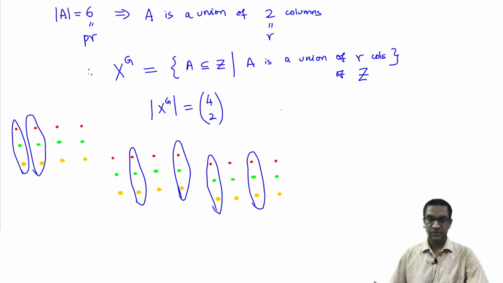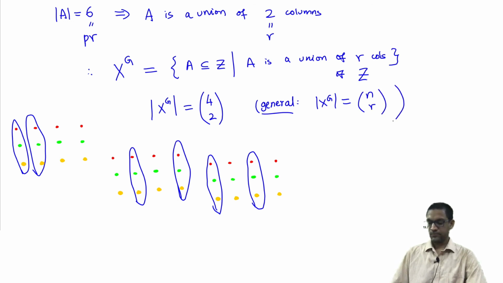Again, I have demonstrated all this by example, but in general with n and p, you have n columns in Z and you have to choose r columns out of them. So just repeat the argument for the general case. I'm trying not to do this overly formally, just to give you a visual geometrical idea of what's going on.